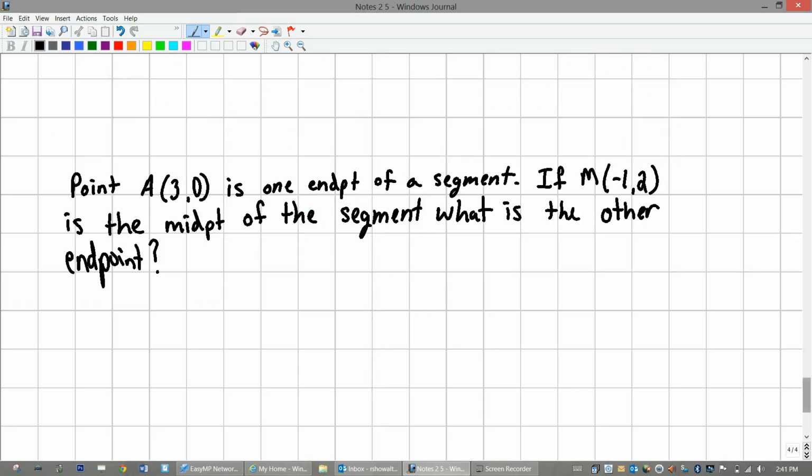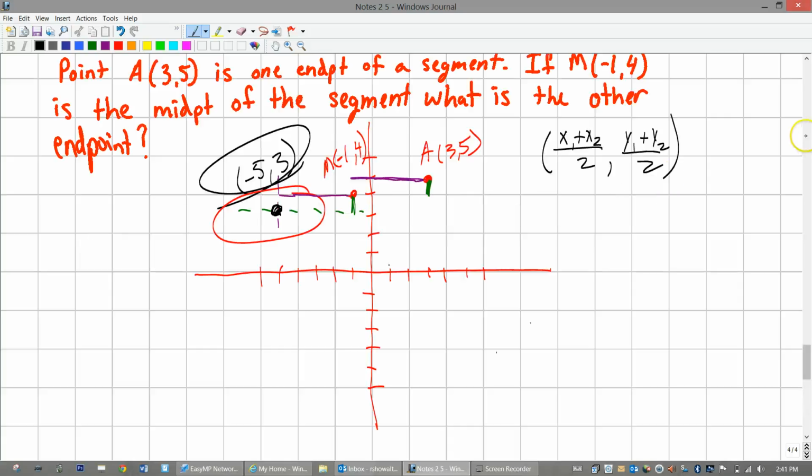That's the midpoint formula. That's equivalent to where the midpoint is, right? That formula gives us -1, 4, hypothetically. What we also know is this is one of the endpoints, and remember x1, y1? That was an endpoint based on the formula for the midpoint.